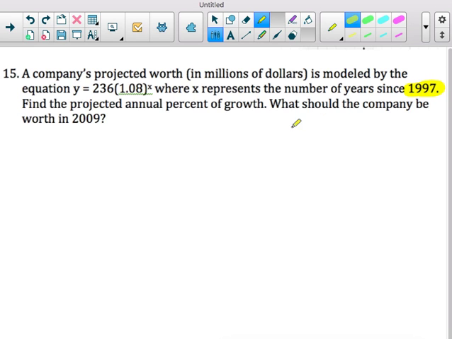That's important to note. Find the projected annual percent of growth. And then what would the company be worth in 2009?